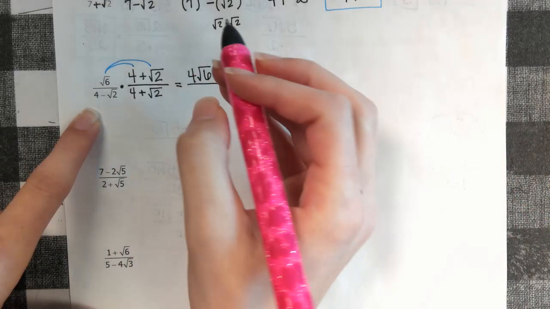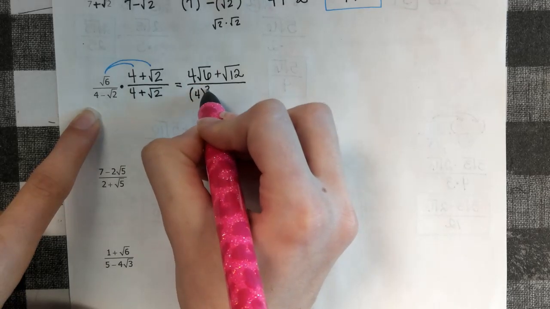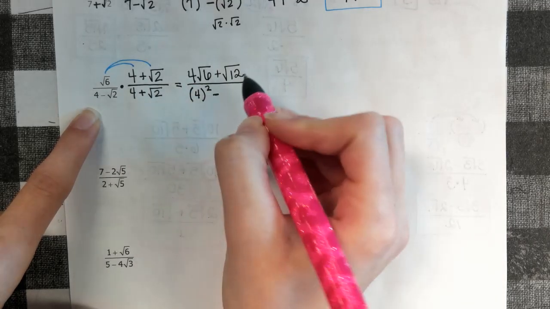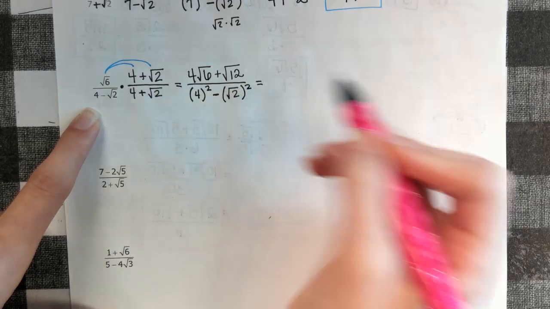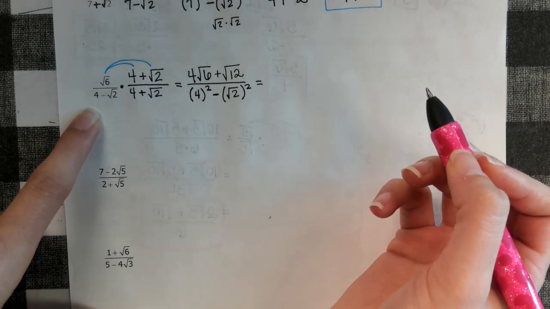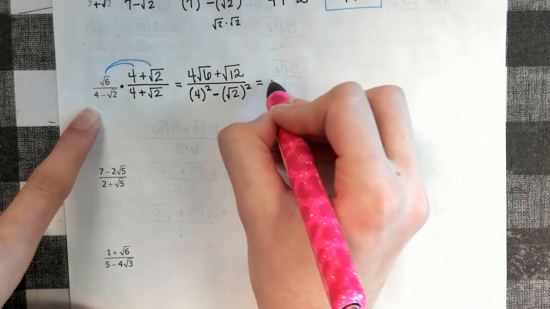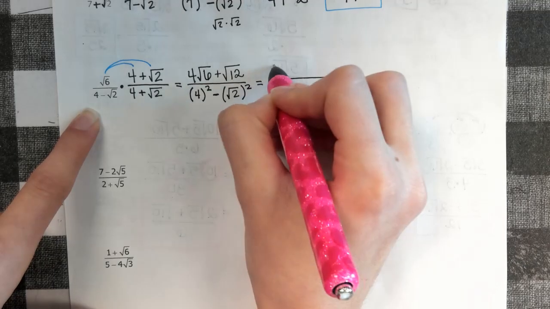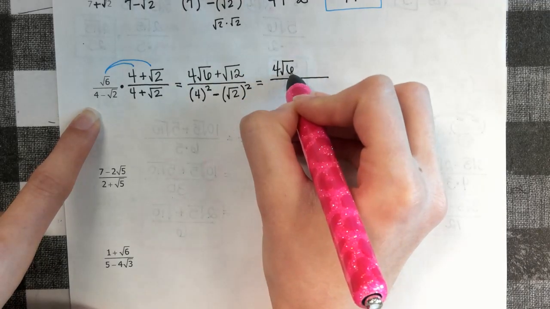All right, my denominator, my formula tells me I take my first term, which is 4, and I square it, minus second term, which is square root of 2, and I square it. Okay, can I simplify 4 square root of 6? No. Can I simplify square root of 12?